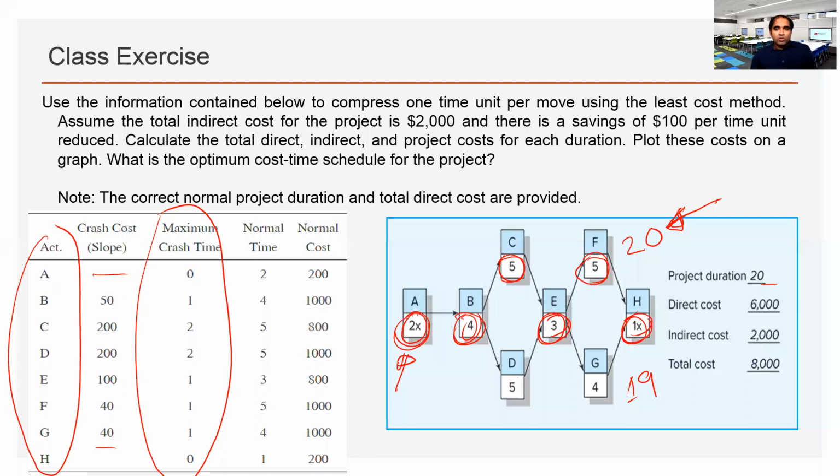Okay, so if we crash F to 4, that will be now 19 days. The direct cost will be added by 40, and the total cost will increase.